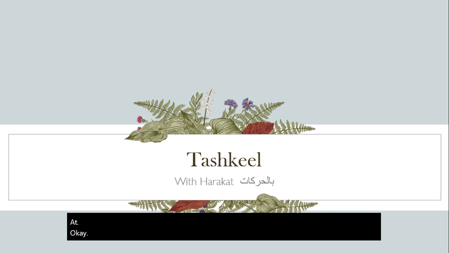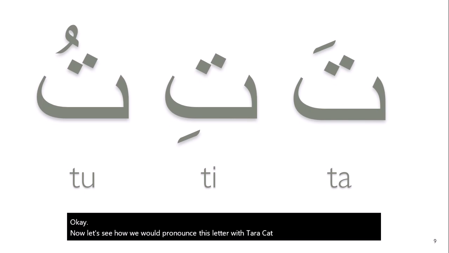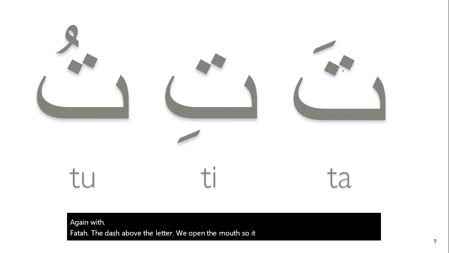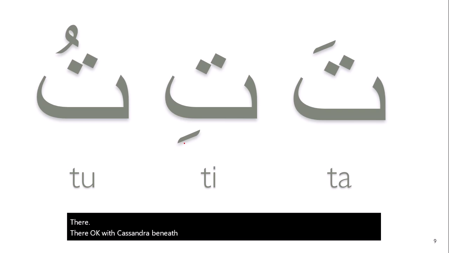Now let's see how we would pronounce this letter with harakat or tashkil. With fatha, the dash above the letter, we open the mouth, so it would be ta, ta, ta. With kasra beneath the letter, it would produce the E sound, so it would be ti, ti, ti.